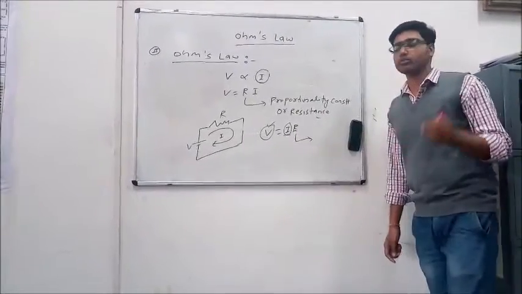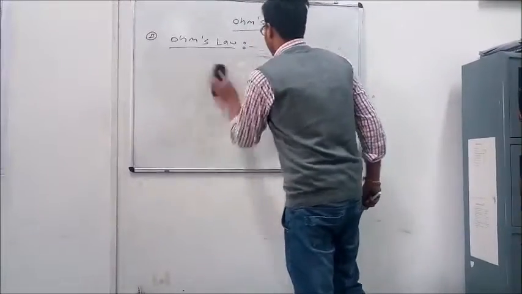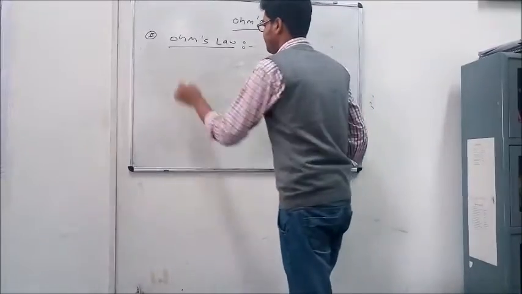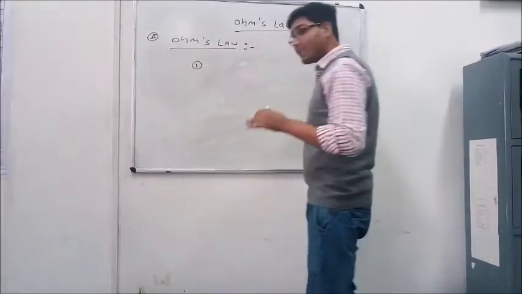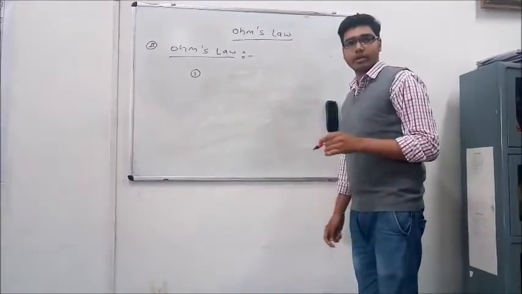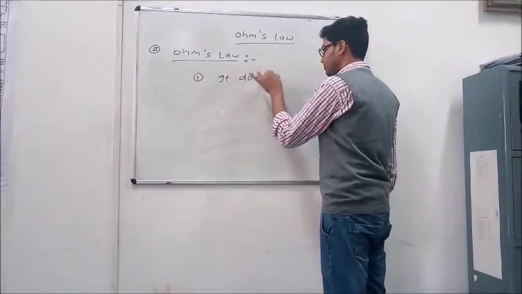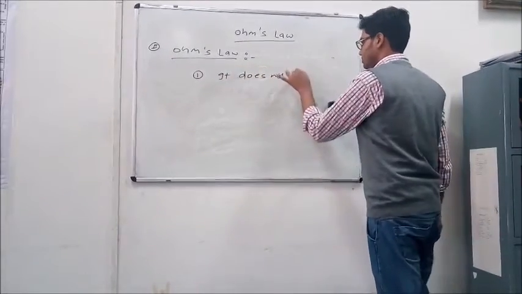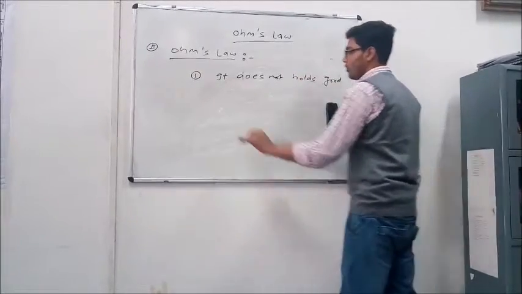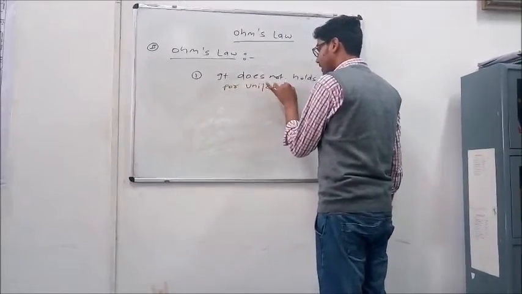So we would like to discuss the limitations of Ohm's law. The first limitation is that it does not hold good for a unilateral network. And what is a unilateral network?